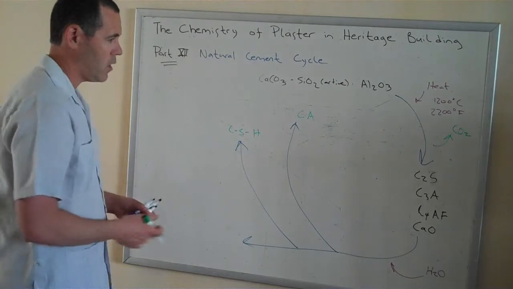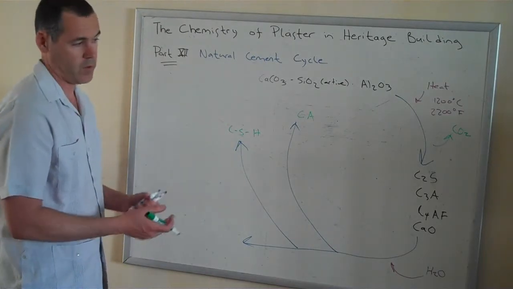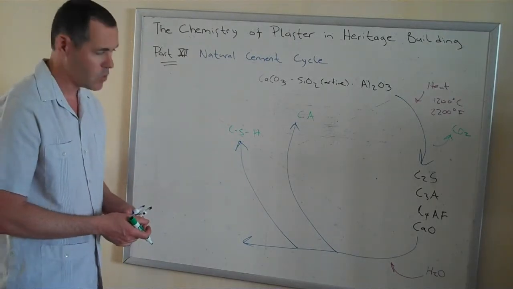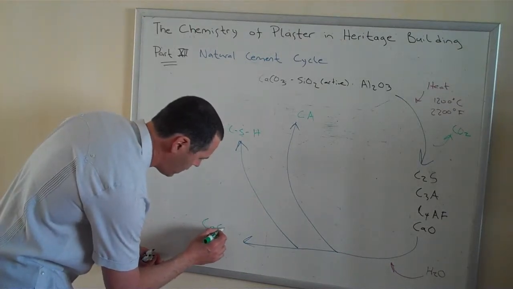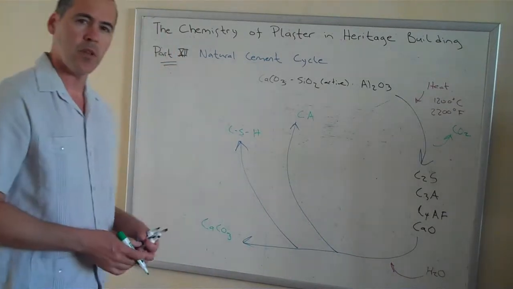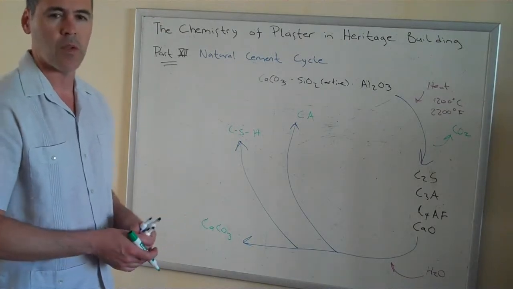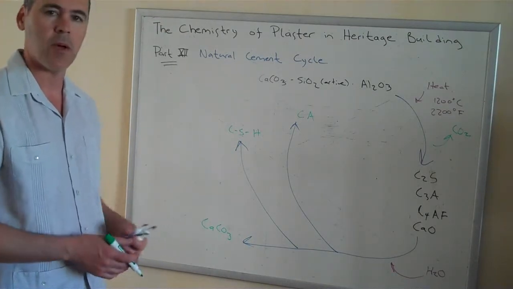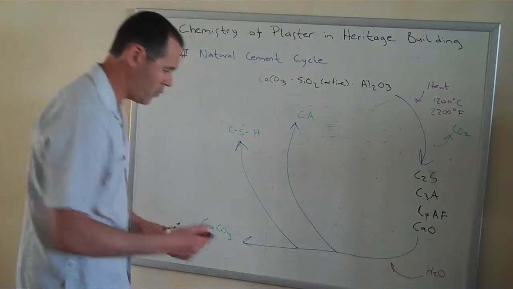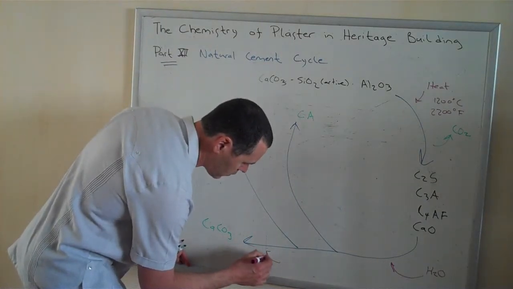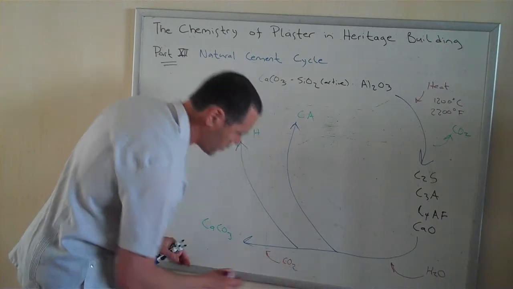And then, if we have some of this quicklime left, usually we have some, we're going to get, over time, some calcium carbonates, as well as some of that valuable free lime in the system. That way, if there's some cracking down the road, there'll be some opportunity for some healing as well. And that's going to reabsorb a little bit of the CO2 that was lost in the manufacturing process.